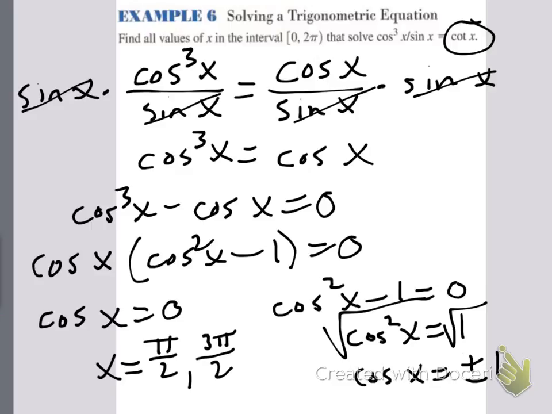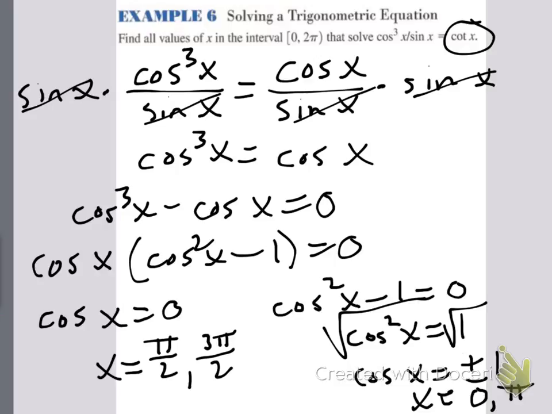Here's our issue. So, let's just say x would be 0 and pi, because the cosine of 0 is 1, and the cosine of pi is -1.